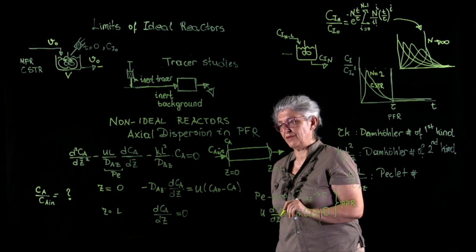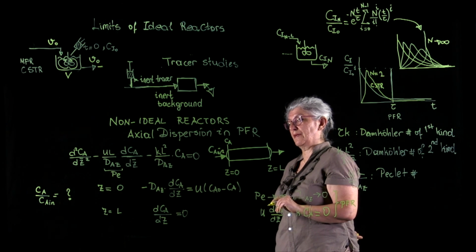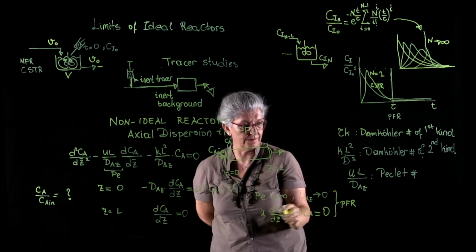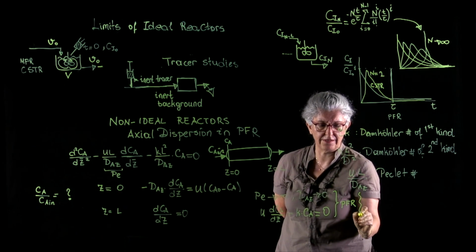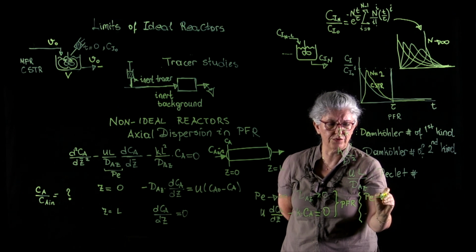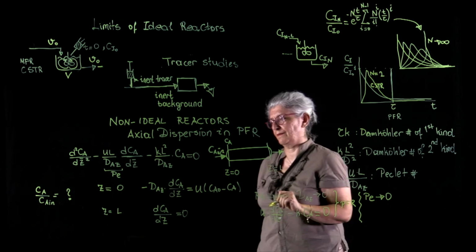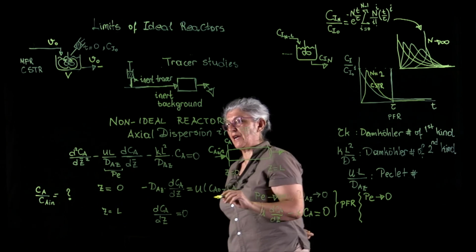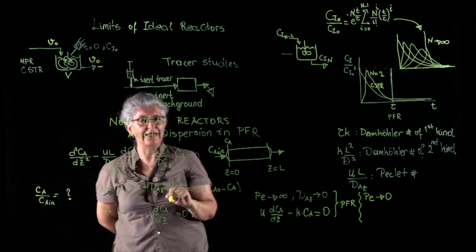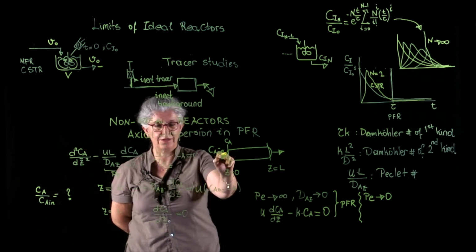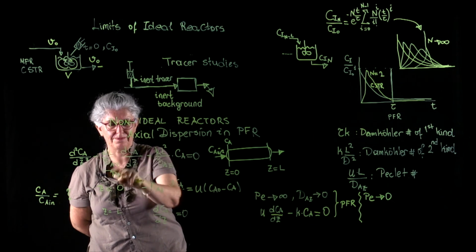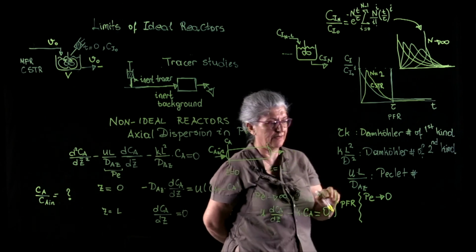In the other extreme, the Peclet number goes to 0. Let's write it here. When the Peclet number goes to 0, in other words, our linear velocity in the domain is 0, so this term disappears.